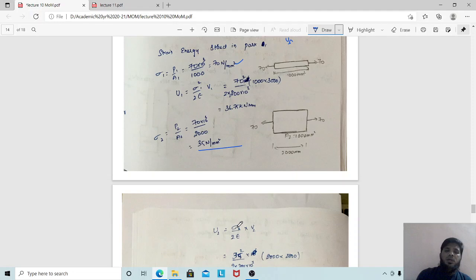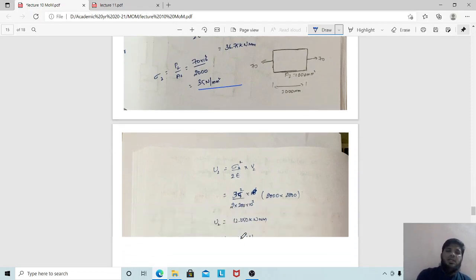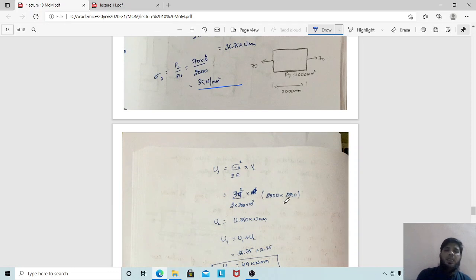So sigma square is 35 square divided by 2E. Since E is the same, 200 into 10 to the power of 3. The volume of the material is 2000 into 2000. So you are going to get the value of U2 as 12.25 kilonewton millimeter.